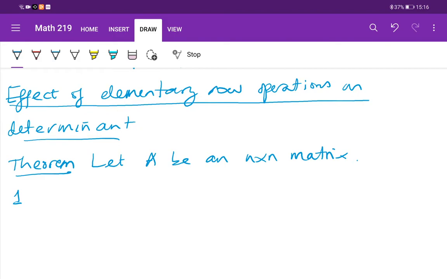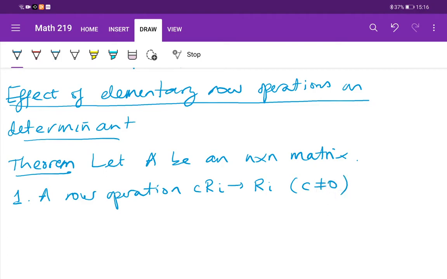So we'll consider the 3 elementary row operations in turn. So this is type 1 row operations: a row operation of the form c Ri goes to Ri. So we multiply row i by c, which is non-zero.